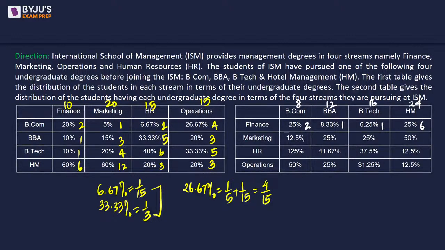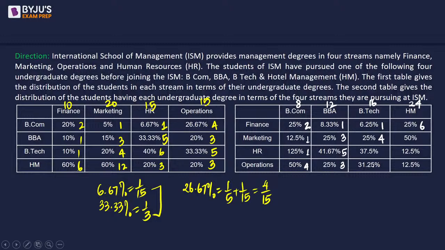Such that marketing 12.5% will be 1, and this will be 4. 25% will be 3, so that is 7, and this will be 5. 5 by 12 is 41.66. 25% will be 4. 37.5%.